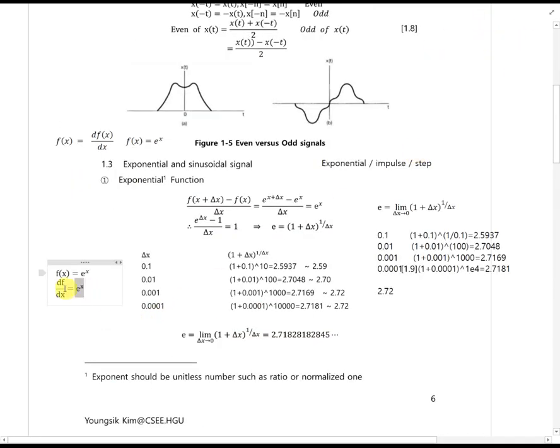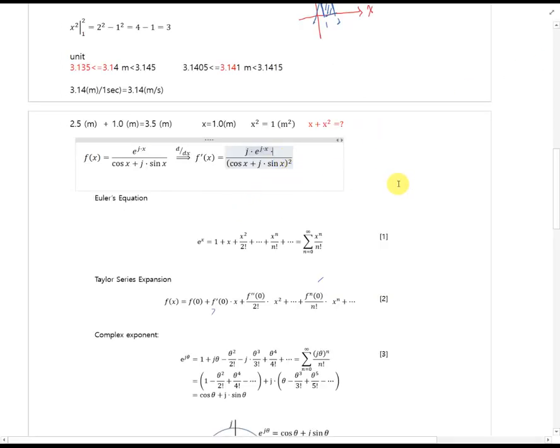Okay, and cosine x plus j sine x. Okay, and minus e to the jx. We need to take the derivative of this one. So this is minus sine x plus j cosine x. Okay, this is the result.